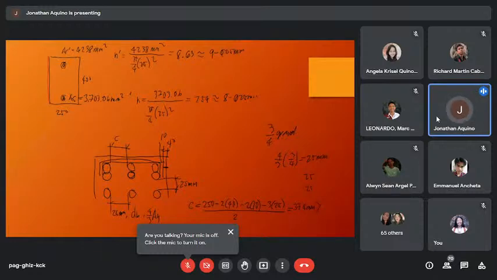So this is greater than 25 millimeters. So meaning the 3-bar bundle, a 2-bar bundle on the first layer and another single bar, composed of 3 25 millimeter bars, the second layer, will satisfy the code requirement of clear spacing. So, pasok ngayon yung 9. So, kung pasok yung 9, pasok din yung 8.